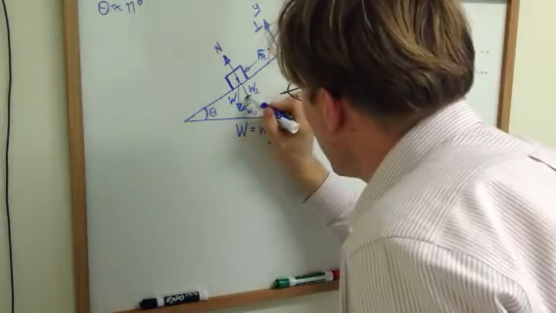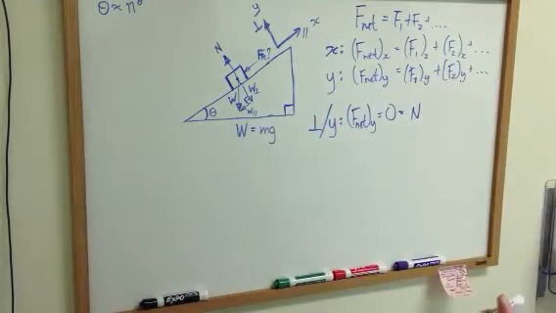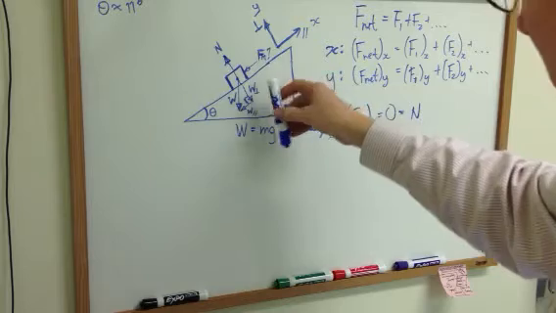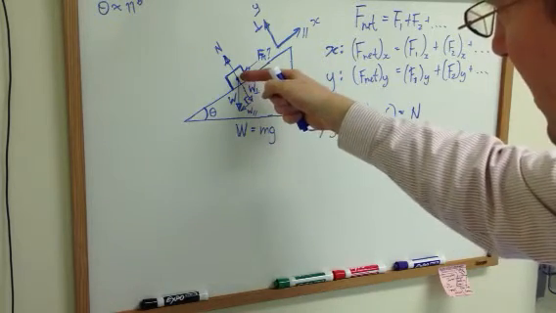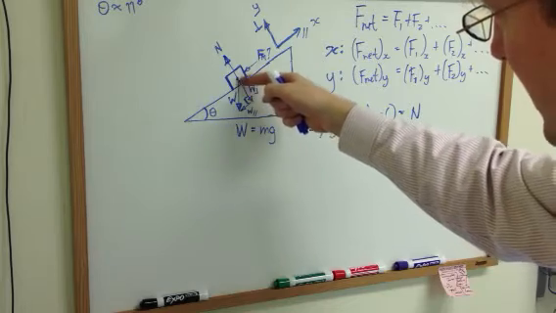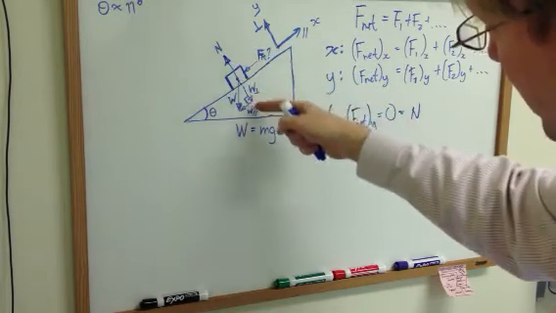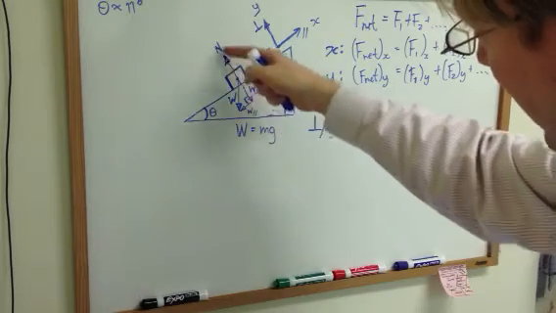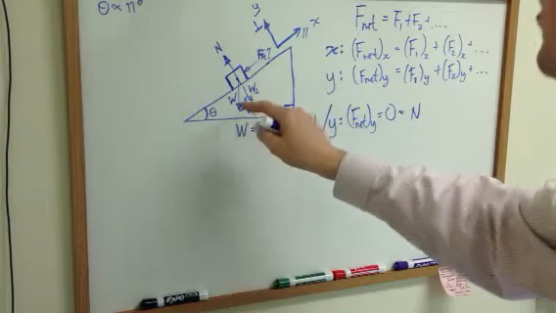Now this is a triangle. You've seen these kind of force triangles before, but it's really important that this weight is the hypotenuse. This component is parallel to n, and this component is parallel to the surface. You need to draw this.